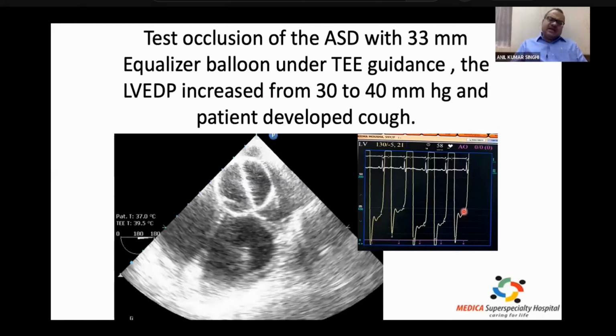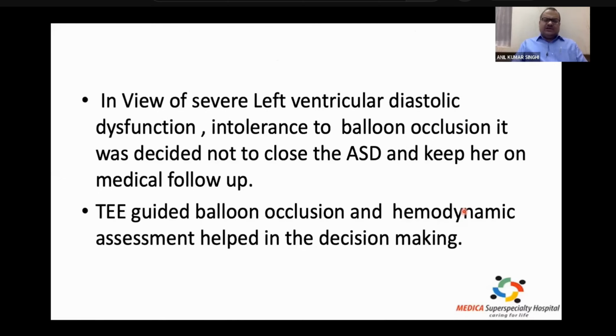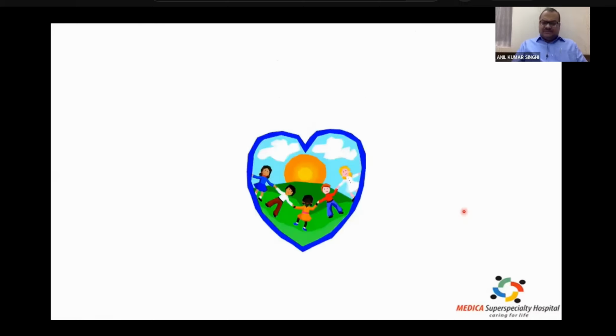So that was telling the patient will not tolerate the closure and we should not embark on closing the defect. So in view of severe left ventricular diastolic dysfunction and intolerance to balloon occlusion, we decided not to close the ASD and keep her on medical follow-up, and TE-guided balloon occlusion and hemodynamic assessment helped in this decision making.